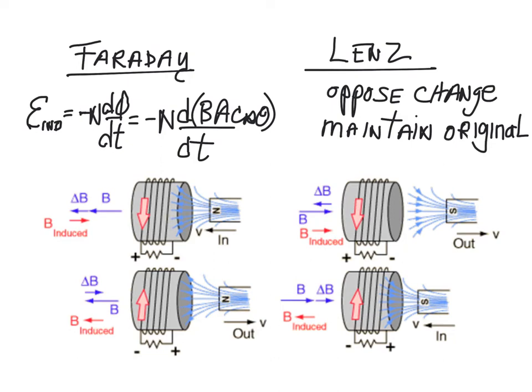Whereas if we drop down to figure C, where the same magnet is leaving, then the field is still in this direction, but it's decreasing. It's losing field. And since it's losing field, now the induced current will produce a field to maintain the original, to keep it at its higher value.